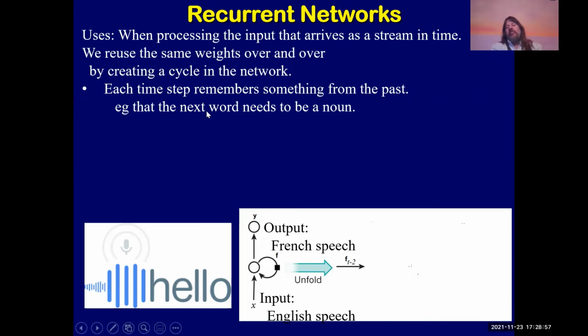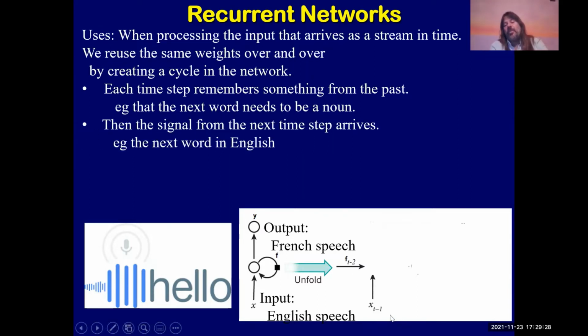Maybe it's remembering, based on the grammar so far, is the next word likely to be a noun? Is it likely to be a verb? What types of things? You certainly know there's predictive text, where you've seen text so far and, based on what you've seen so far, it tries to predict what the next word's going to be. So that's some information telling us what we remember about the past.